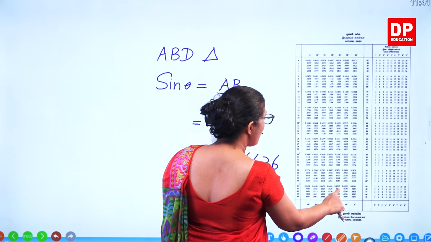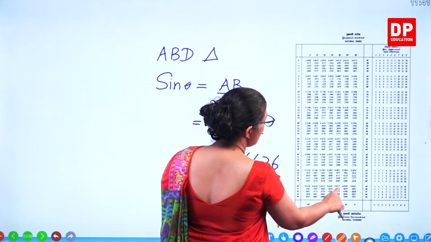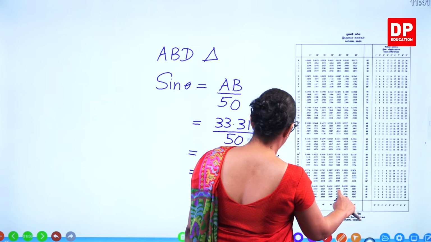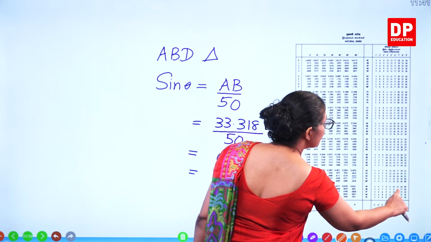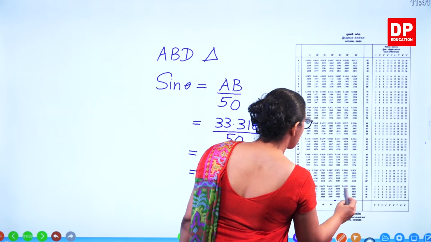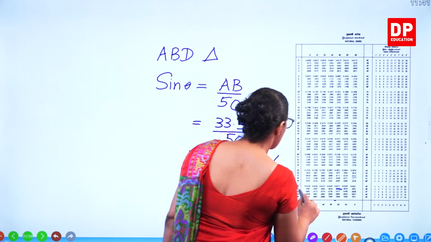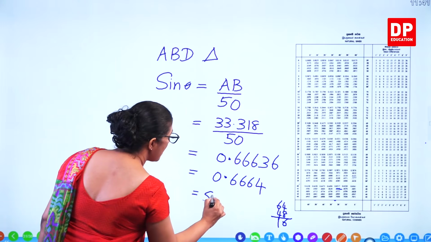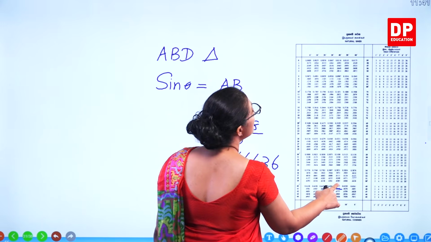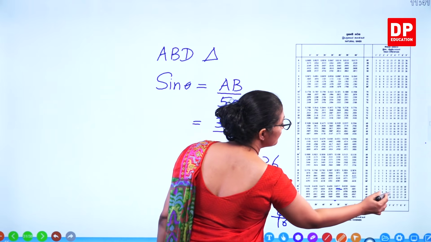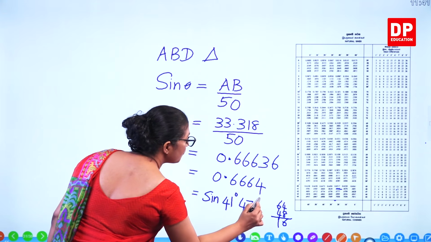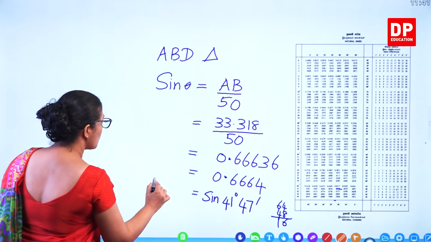So you take 41 degrees and then 47 minutes. That's equal to sine theta.